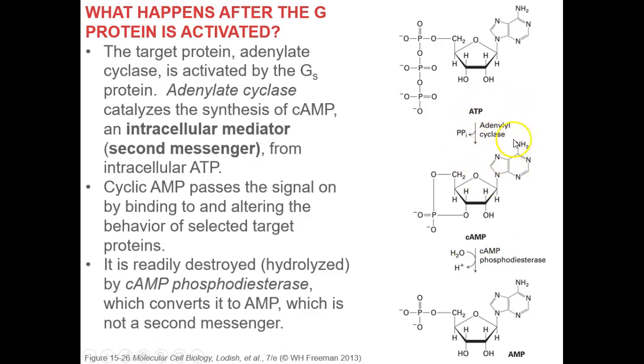If we have high adenylate cyclase activity, then the concentration of cyclic AMP in the cell will be high. But the cyclic AMP phosphodiesterase activity will hydrolyze the cyclic AMP to form just regular AMP, which is not a second messenger. So the balance of the activities of these two enzymes is important to maintaining a certain concentration of cyclic AMP.